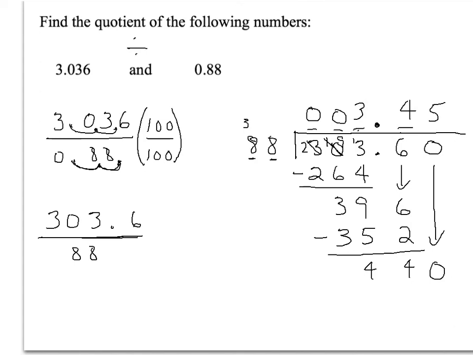And we start multiplying. 5 times 8 is 40. Write down my 0. Carry my 4. And 5 times 8 is 40, plus 4 more is 44. Look at that. It worked out perfectly, after I fixed my mistake up above. Okay, we subtract this off, and 440 minus 440 is 0. Have a 0 remaining, and we're good to go.